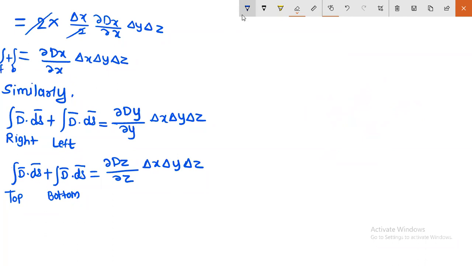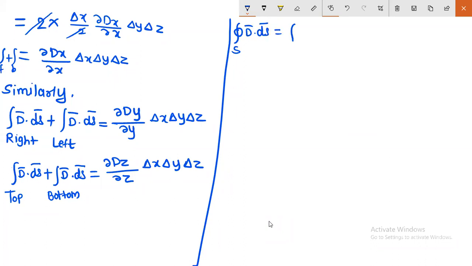So now we have to combine all three equations, means combining all your 6 sides. So you just combine according to your equations, because I have not given the equation numbers here. So I'll take the closed surface integral of D dot dS, which is the addition of first the front side, right?